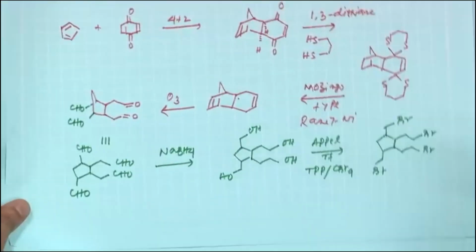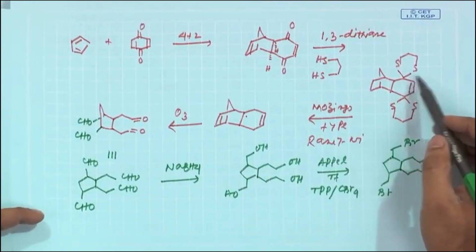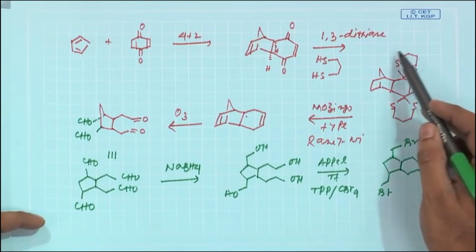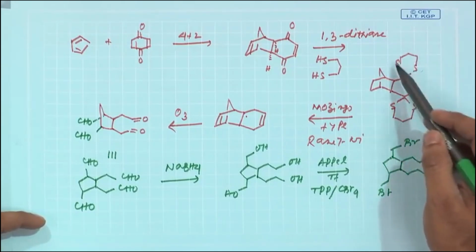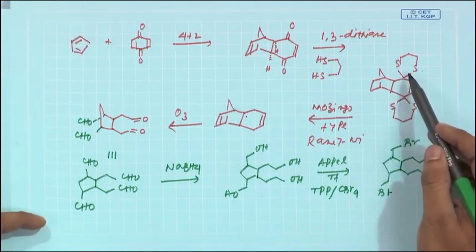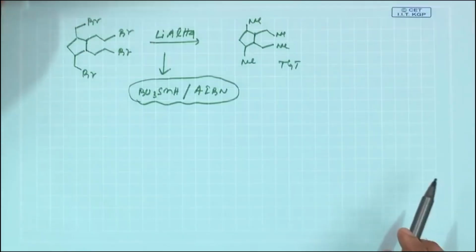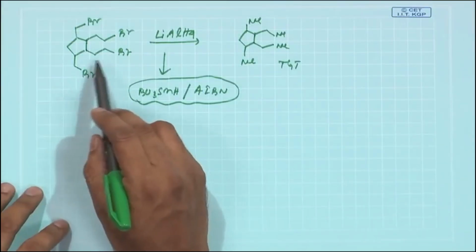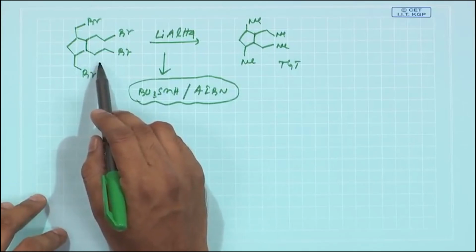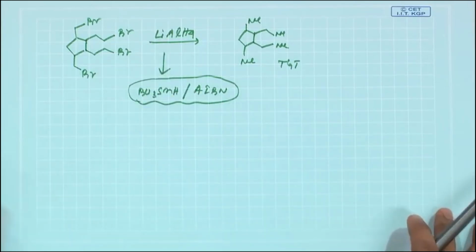So, if you analyze the entire problem, you will find that we explored the strategy of redundant functionality twice in the synthetic pathway. Initially, we do a Mozingo type of reduction, at this point you basically get rid of this 1,3-dithiane moiety to deoxygenate this carbonyl, and then when you have this bromo, you do another kind of redundant functionality exploration by using a hydride source.